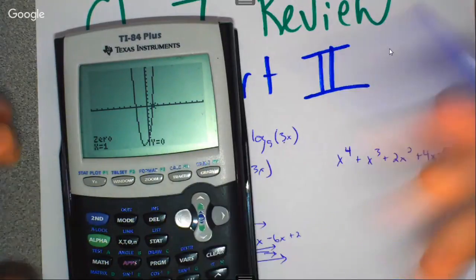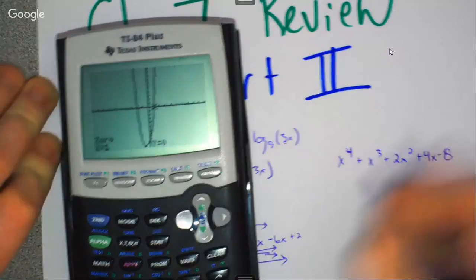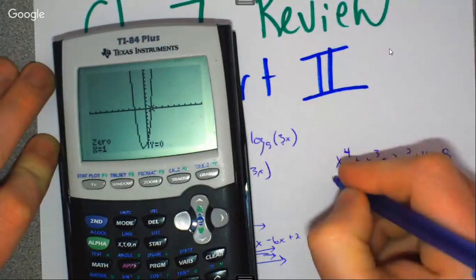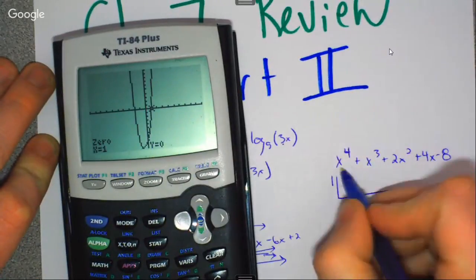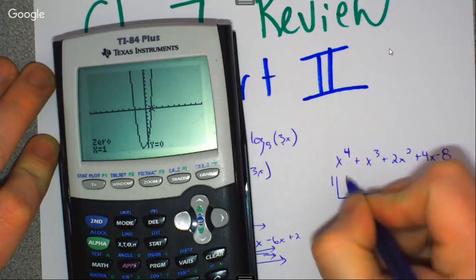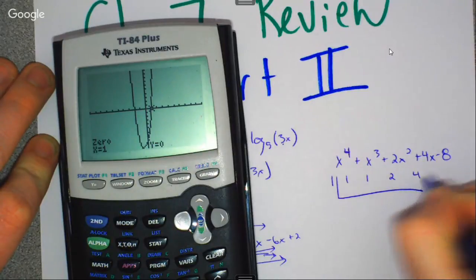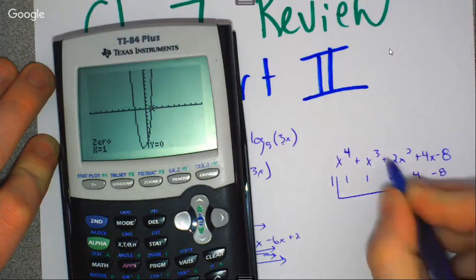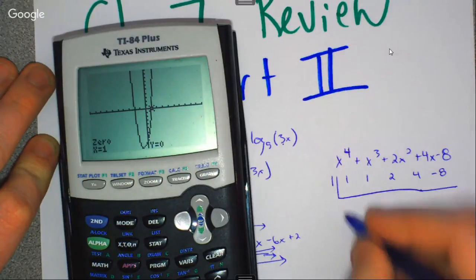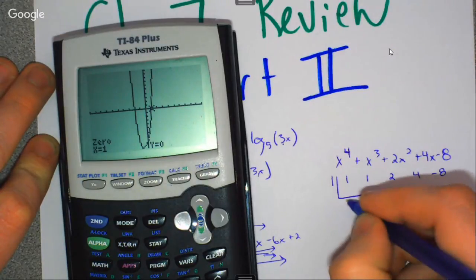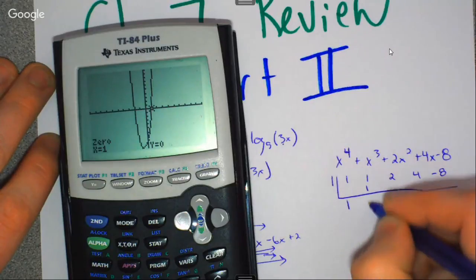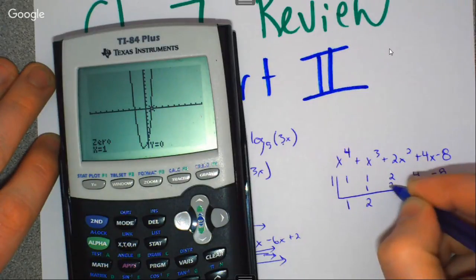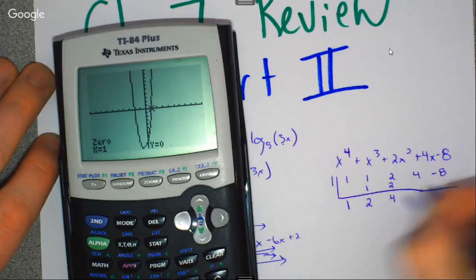So that's actually 0. So with the 1, I'm going to do a 0 of 1 with synthetic division. So I have 1, 1, 2, 4, -8. Remember, if there's not a term in there, you got to put a placeholder of 0. So bring that down, multiply, add, multiply, add, multiply, add, multiply, add.